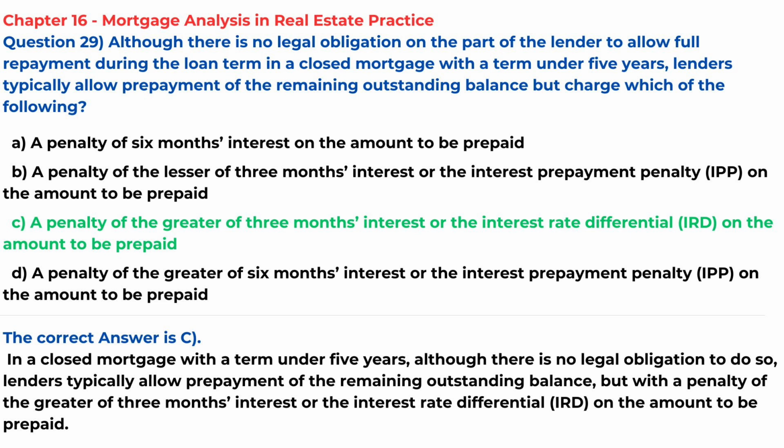In a closed mortgage with a term under 5 years, although there is no legal obligation to do so, lenders typically allow prepayment of the remaining outstanding balance, but with a penalty of the greater of 3 months' interest or the interest rate differential, IRD, on the amount to be prepaid.